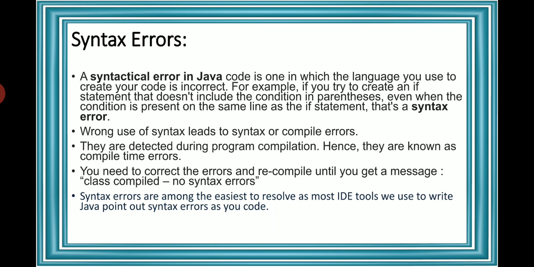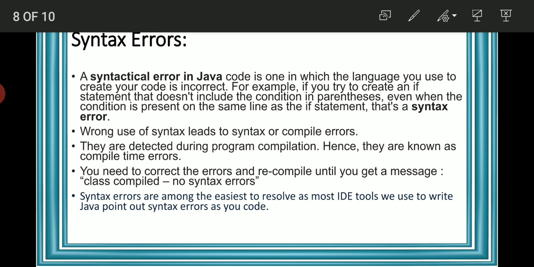In this way you can correct the syntax errors. They are the easiest to find and resolve, because the Java compiler does it automatically for you. When you compile it, it automatically shows whether there are errors or not. If there are errors, it will show the error. If there are no errors, it will show class compiled, no syntax errors.